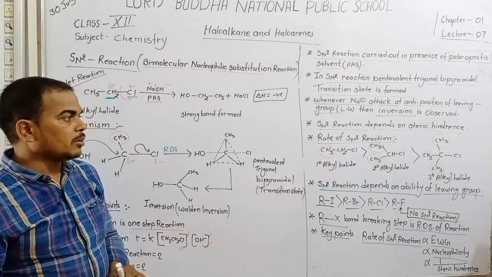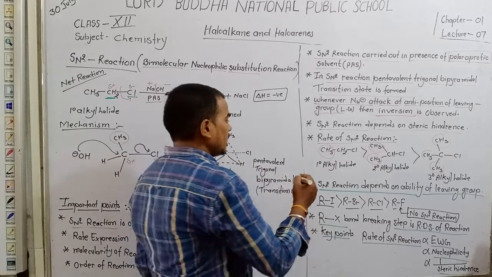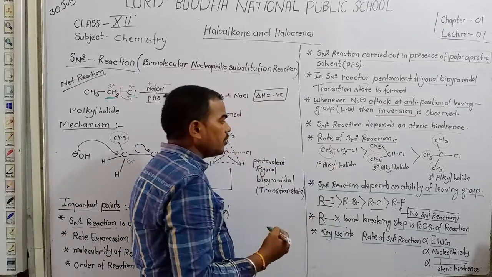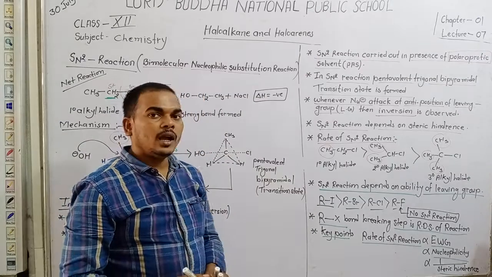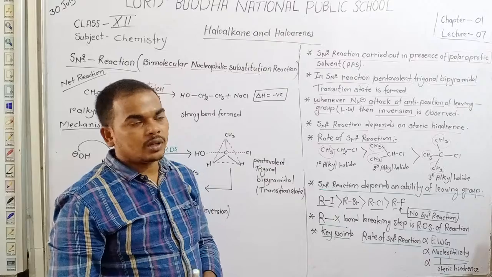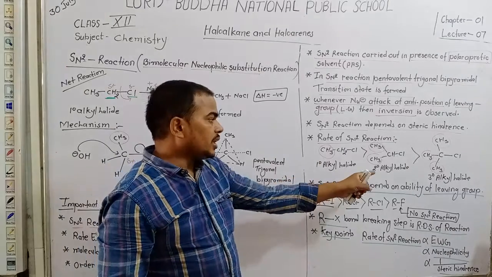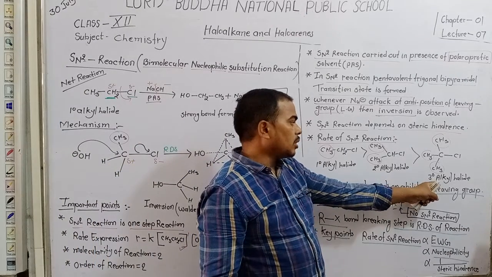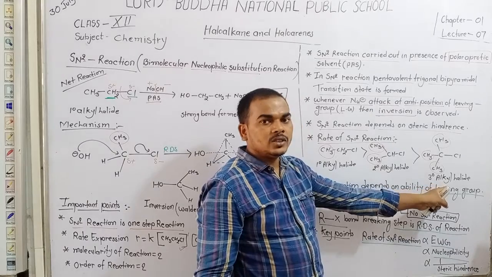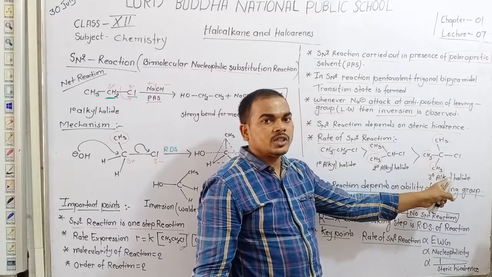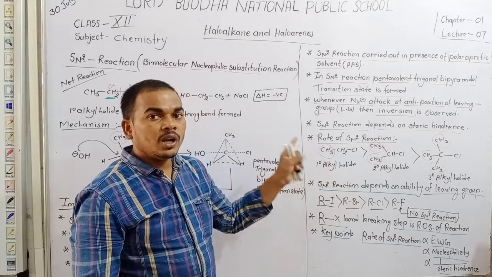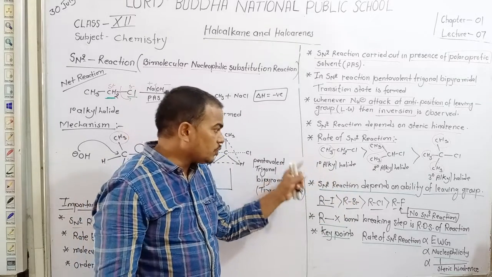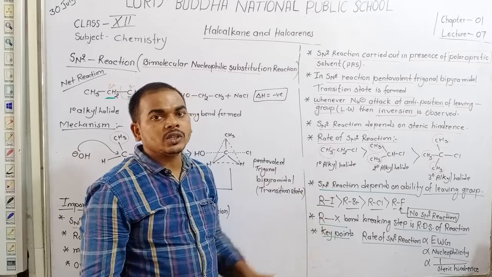Dear student, always remember steric hindrance is not favorable for the SN2 reaction. Like here, the 3 degree alkyl halide has the highest steric hindrance, so it is not favorable for SN2 reaction. But the 1 degree alkyl halide has less steric hindrance, so it is favorable for the SN2 reaction.